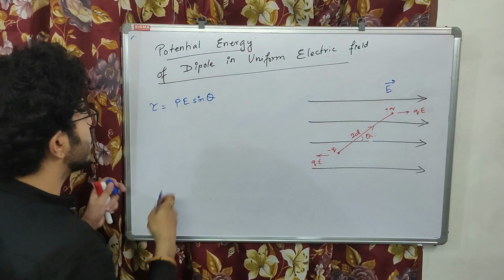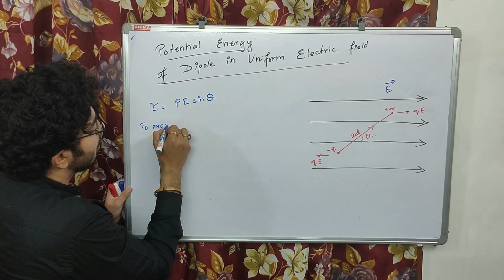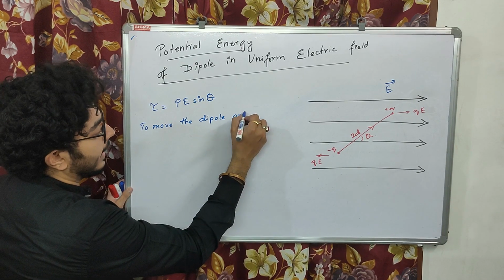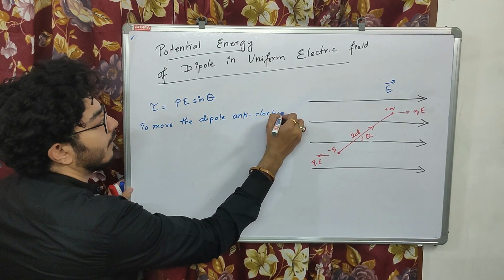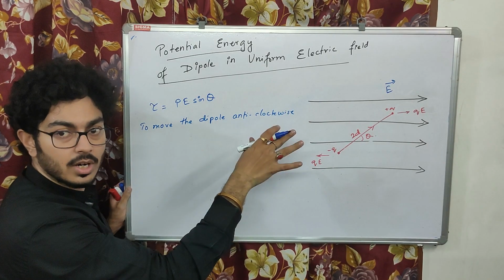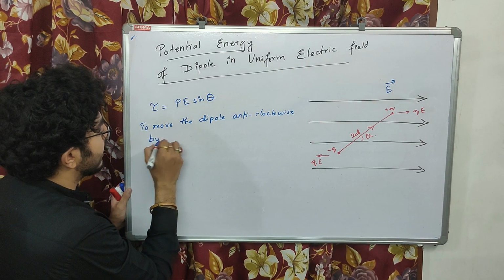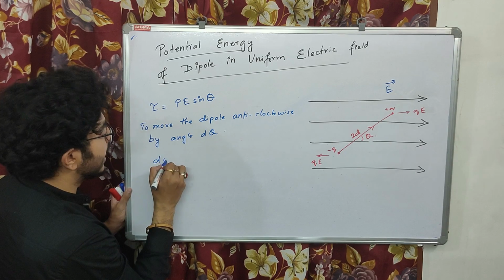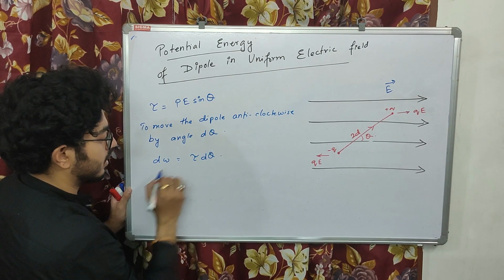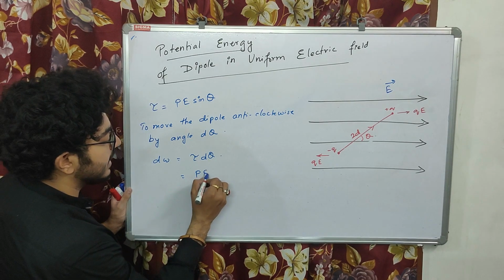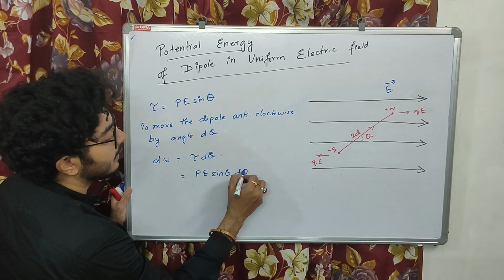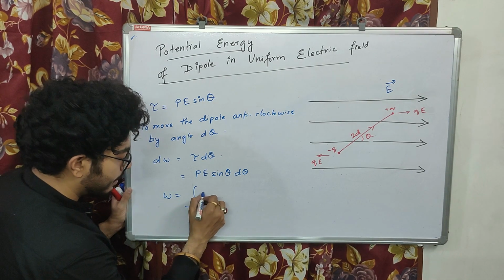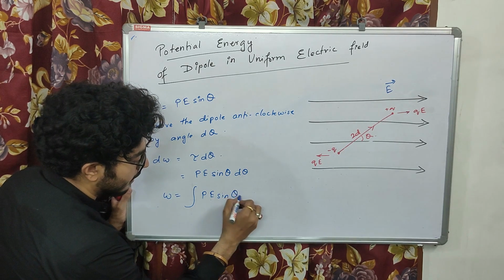Suppose to move the dipole anti-clockwise by angle d theta, then work dW will be tau d theta. So here we can say PE sin theta d theta. So total work W will be the integration of PE sin theta d theta.